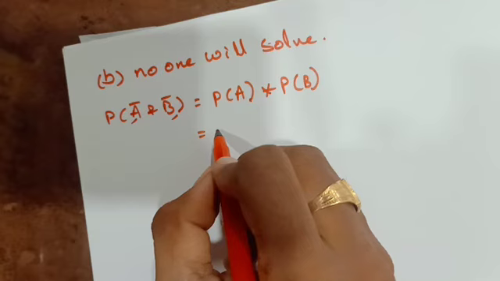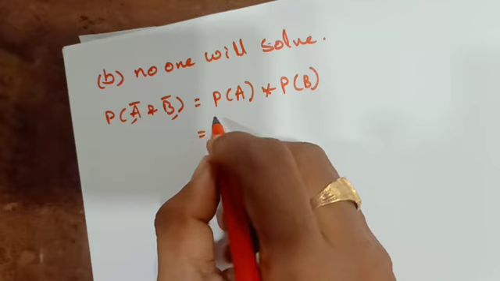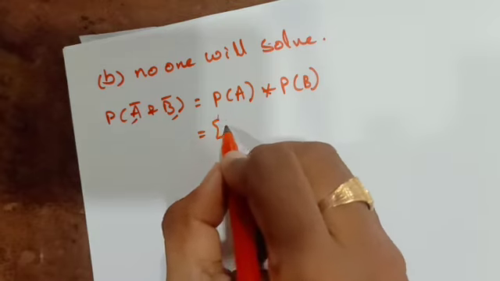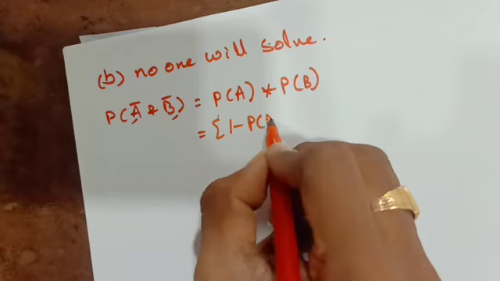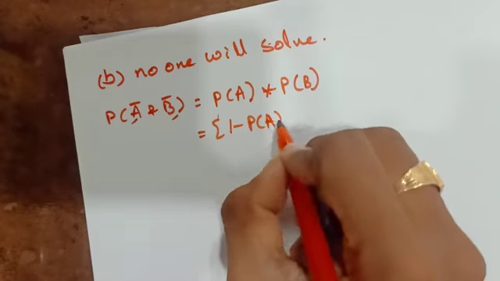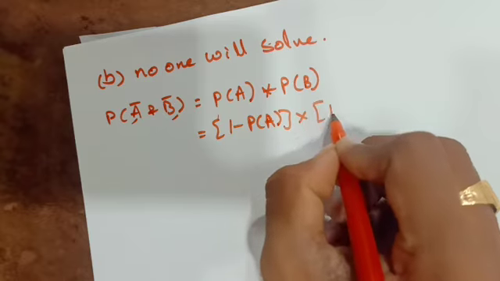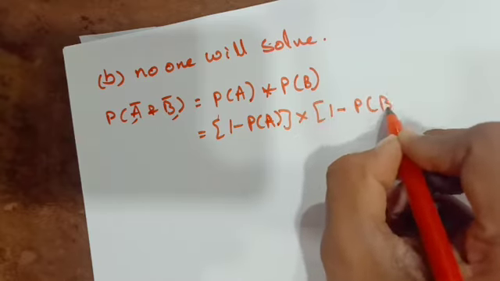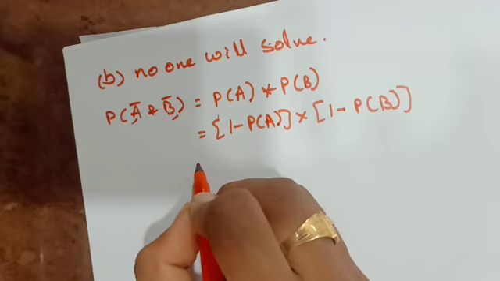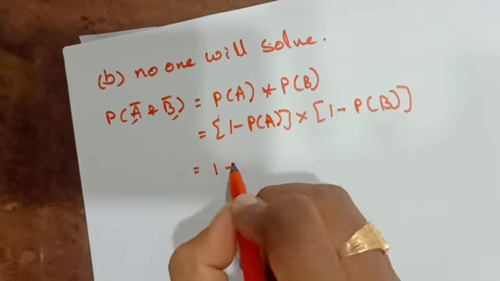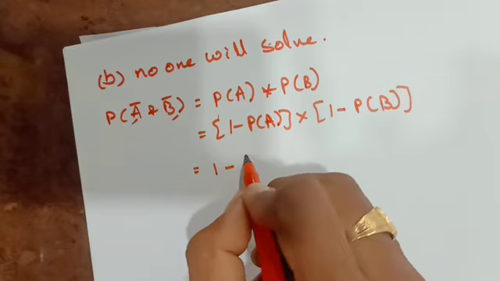This also we can write in the other form: 1 minus P of A into 1 minus P of B. Okay, 1 minus P of A. P of A is how much?